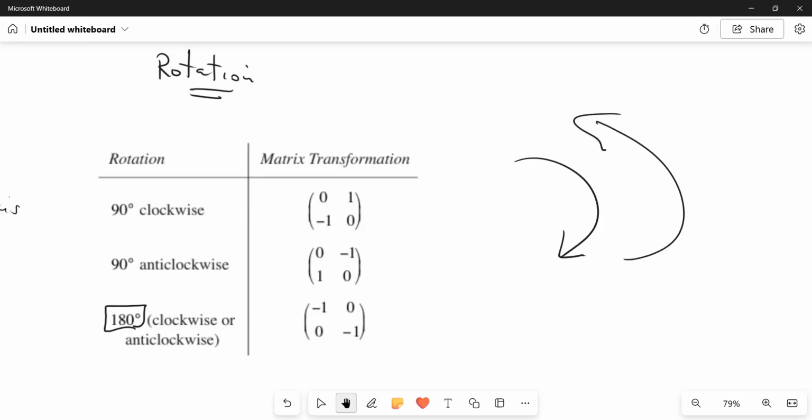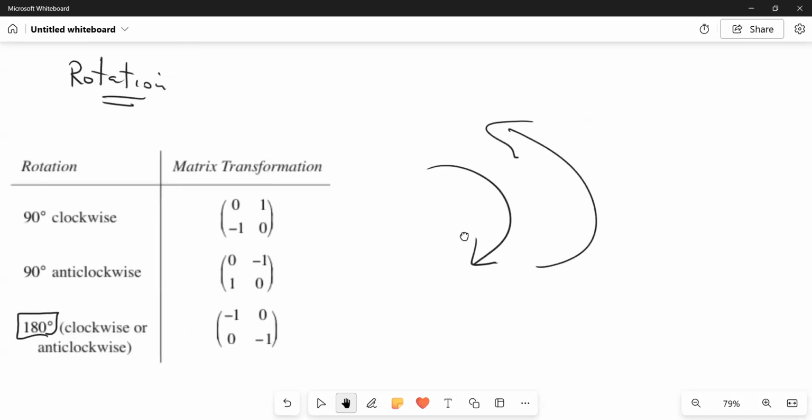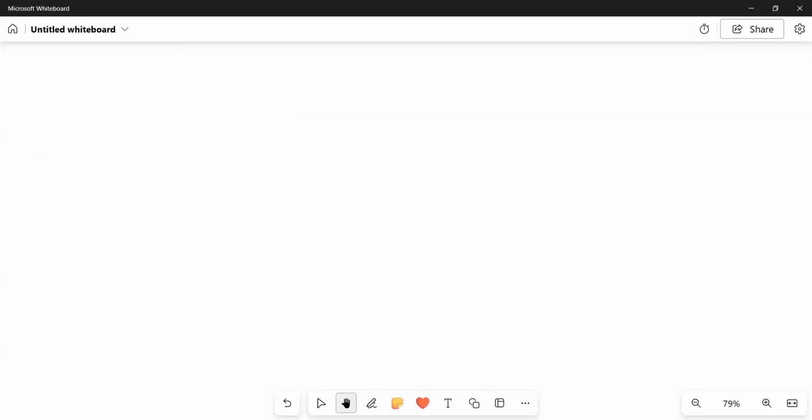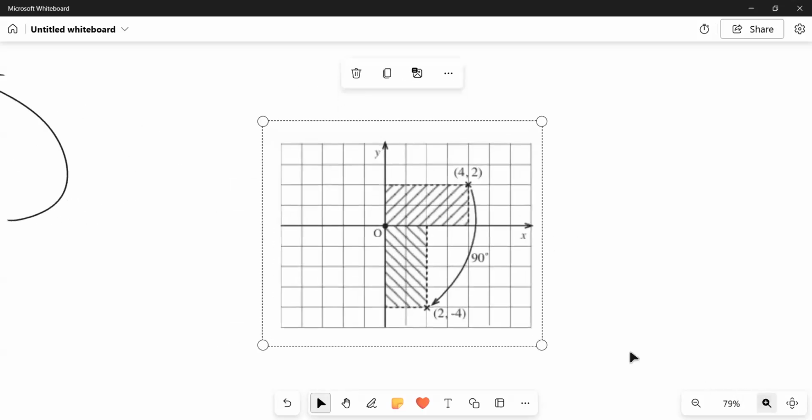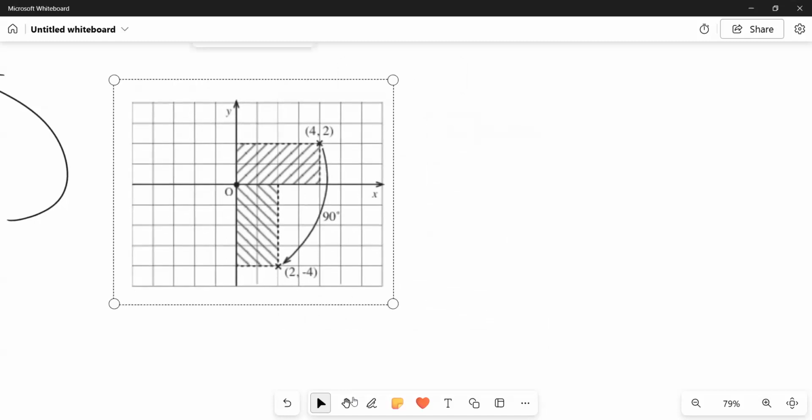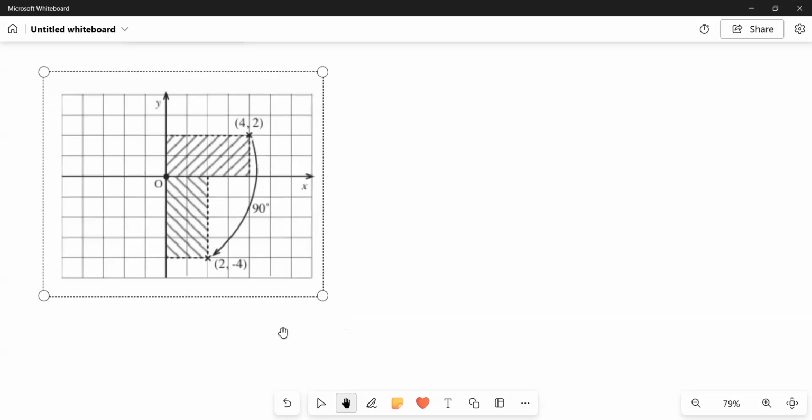And just to give you an example, I'm bringing over an example now. Good. So look at this one. So you have a rectangle here. Oh, sorry.